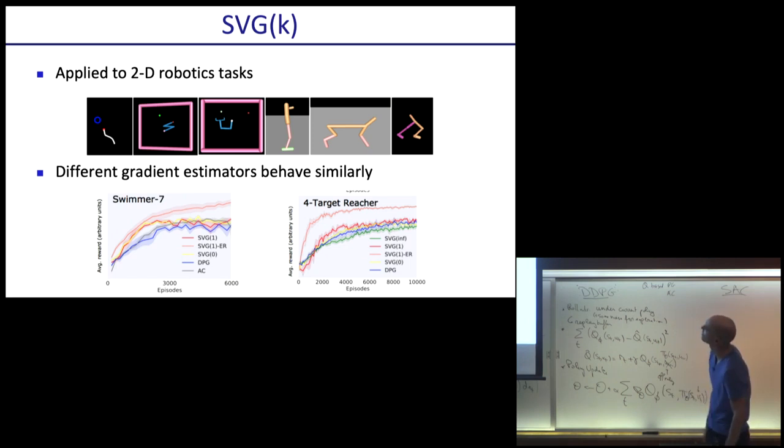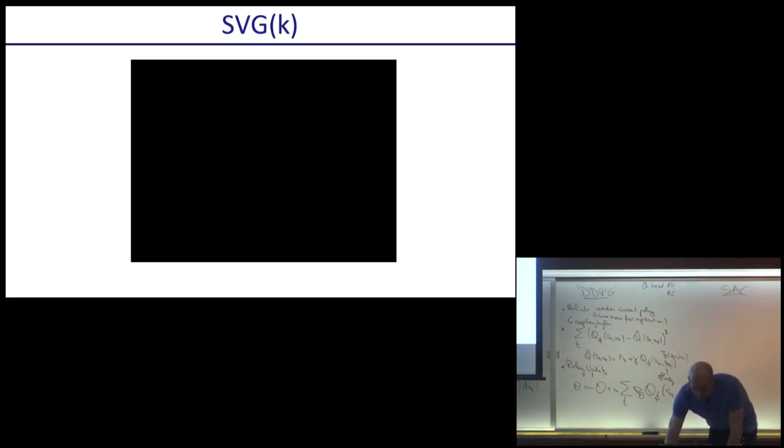So tested in a bunch of 2D robotics tasks, and actually works quite well. At the time, these were some of the most sample efficient results for reinforcement learning. Here's a swimmer going to the target, and same for the other environments. It actually works quite well with relatively small number of samples.